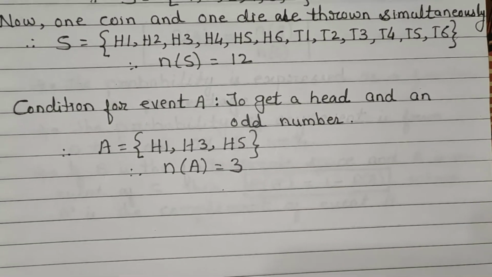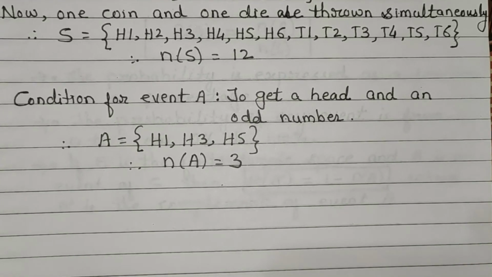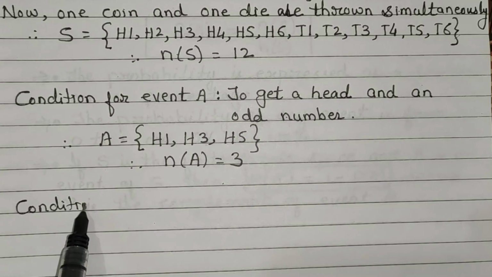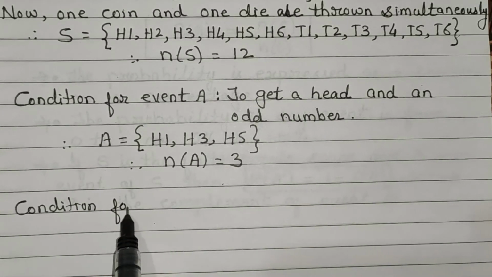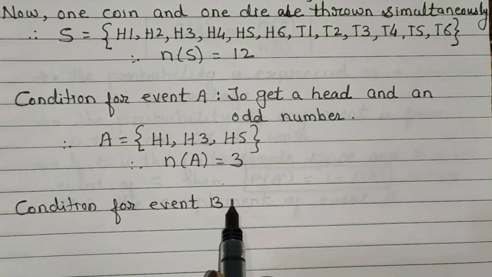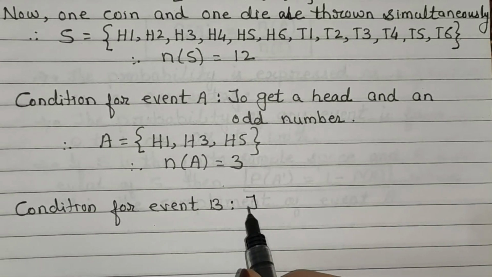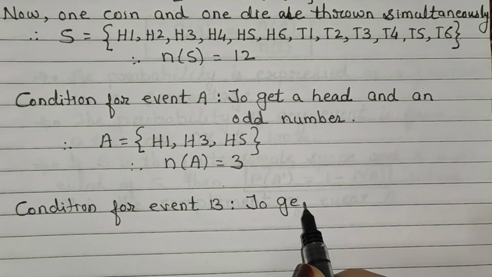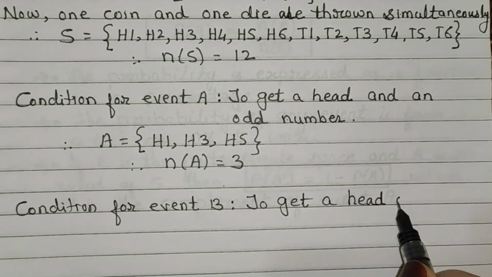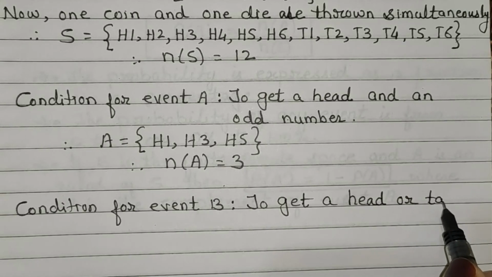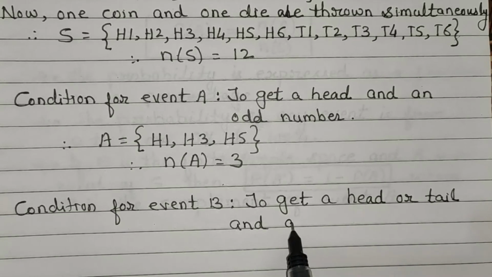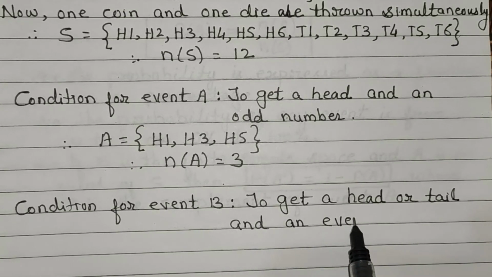Therefore, write down here condition for event B, which is to get a head or tail and an even number.